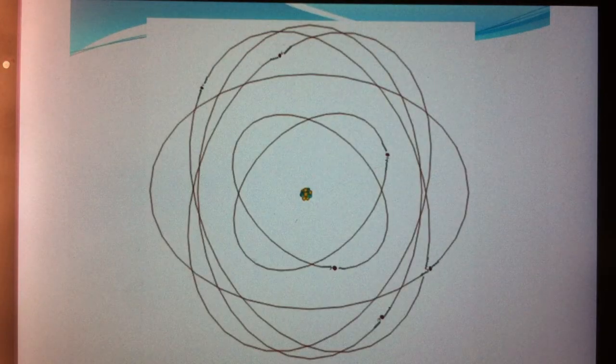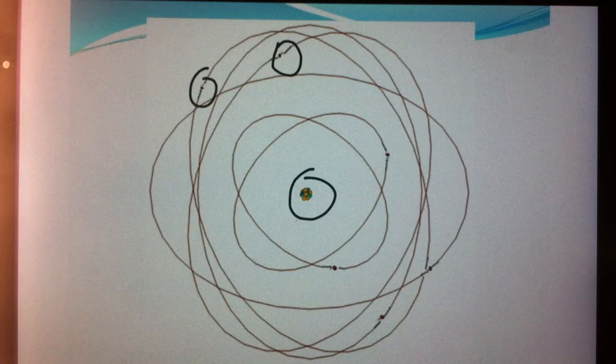So as you can see here we have the nucleus. You can see in comparison it's really, really tiny. And then you have the electrons around here, and they give you these little paths so you can see which directions they move in, and that's what creates the space.